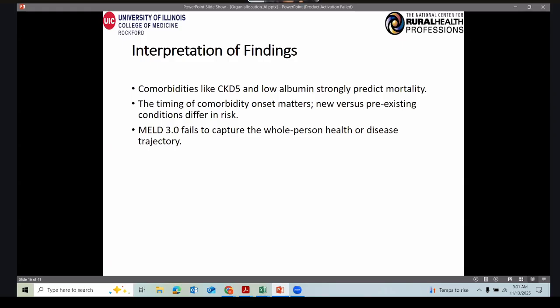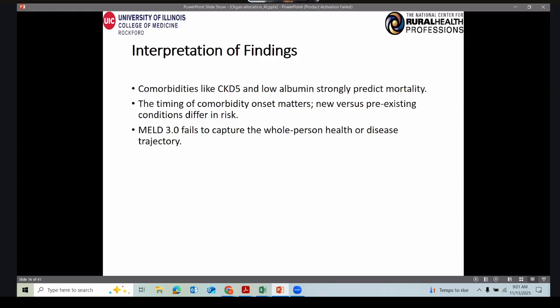In simpler terms, patients who have severe kidney disease or poorer nutritional and protein status before transplantation are at significantly higher risk of poor outcomes afterwards. This makes sense because both kidney failure and low albumin reflect a more advanced disease stage and reduce the body's resilience to withstand major surgery and recovery.